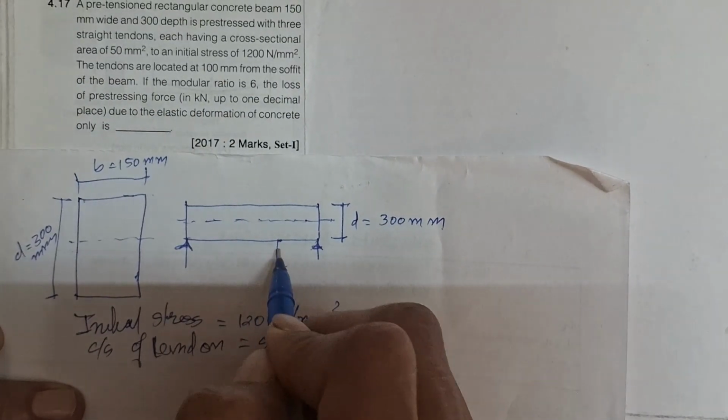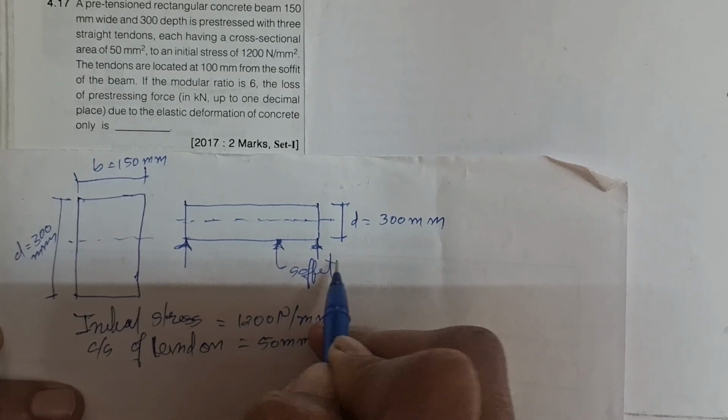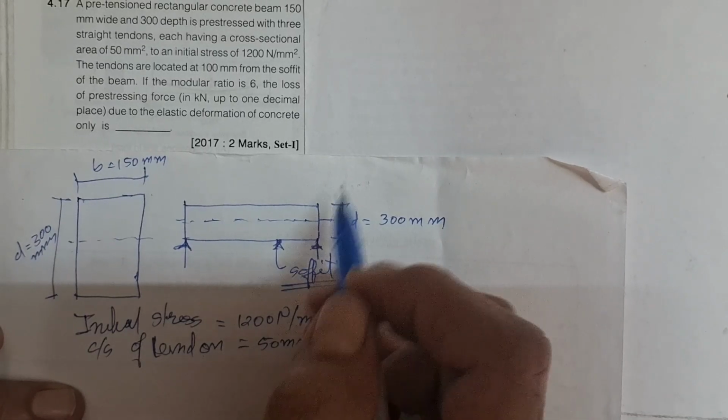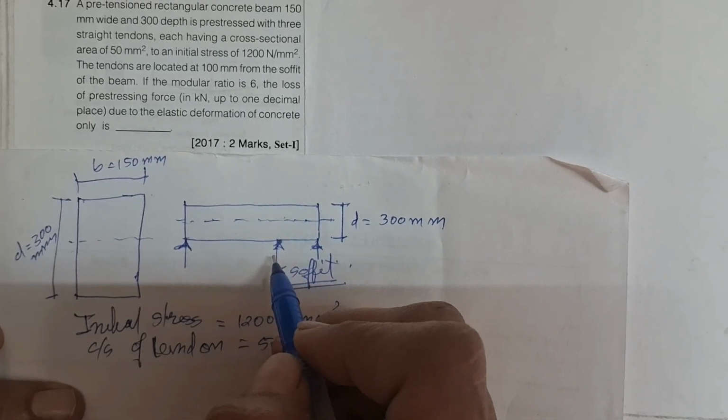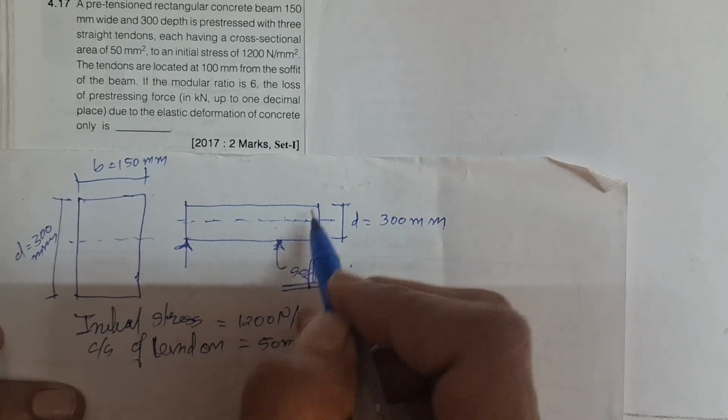Soffit is the bottom portion of the beam. So 100 mm from soffit means somewhere over here.